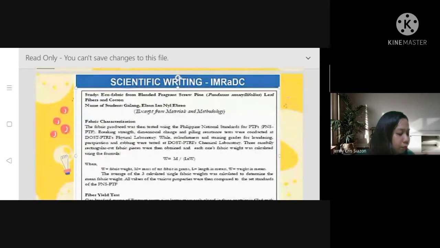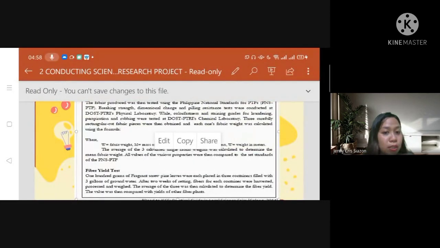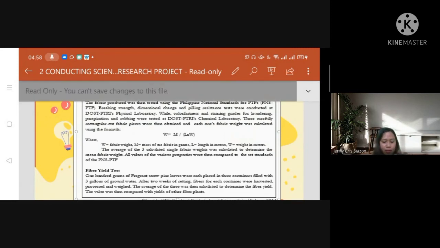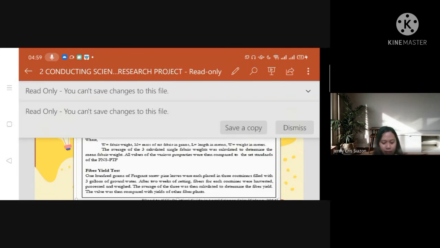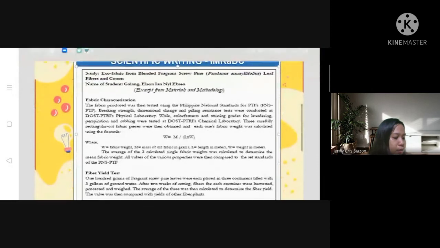Okay? Yan. So, this is an excerpt from the Ecofabric research, no? Materials and methodology. So, makikita talaga natin class na sobrang detalyado, including the properties, no? Including the properties. Kailangan talaga very detailed. Okay. So, ayan.